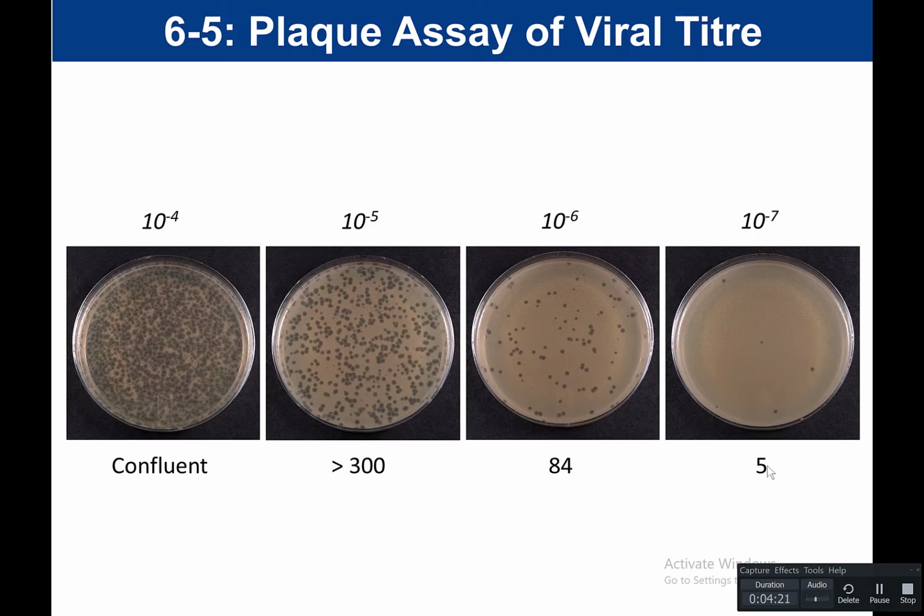And so you can see that only one of those plates has the correct number of plaques in order to determine the titer. So what I want you to do is calculate your titer based on this image, and we can discuss this in the Zoom to check your answer.